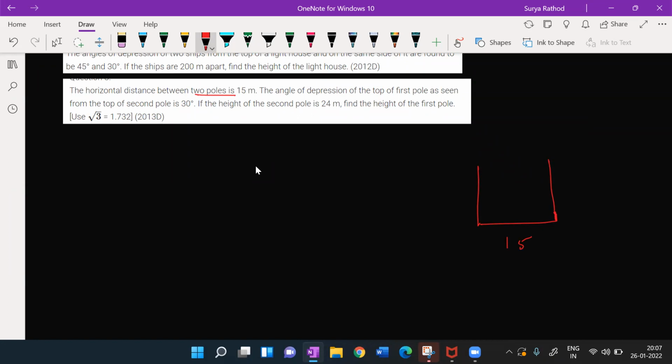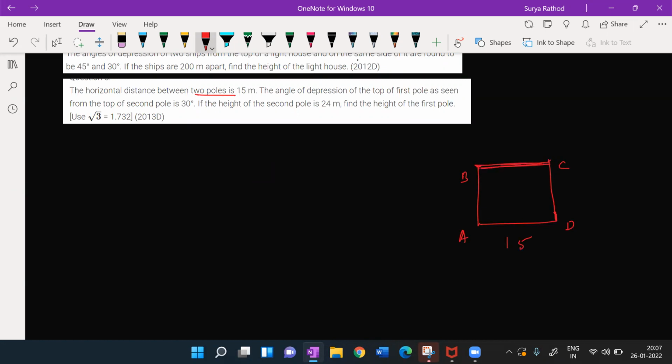So this is my first pole and second pole, and take A, B, C, D. These are the tops of the pole.